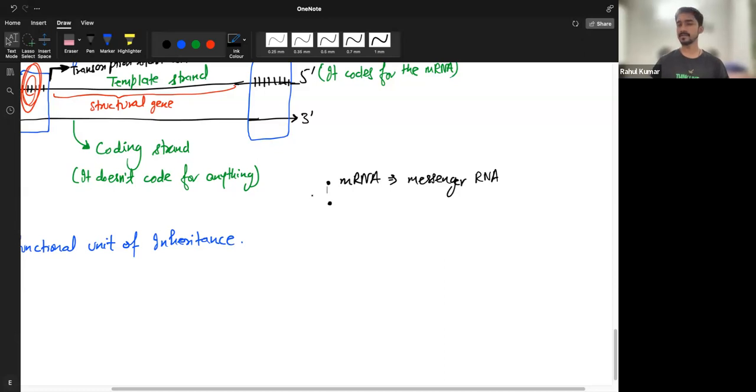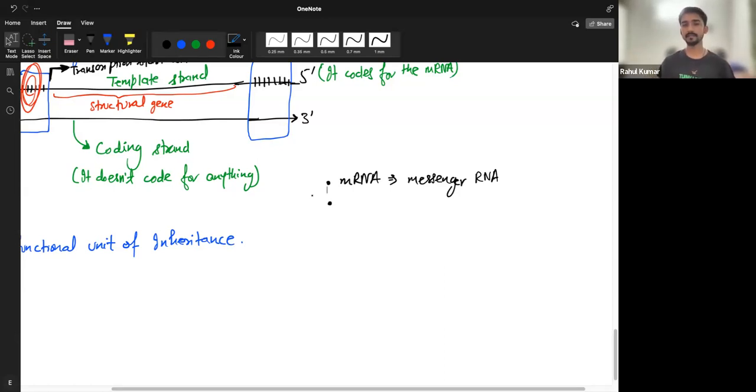And what happens in cytoplasm? Who reads the message? Ribosomes catch the mRNA, read the message, and convert that message into a polypeptide chain called protein.